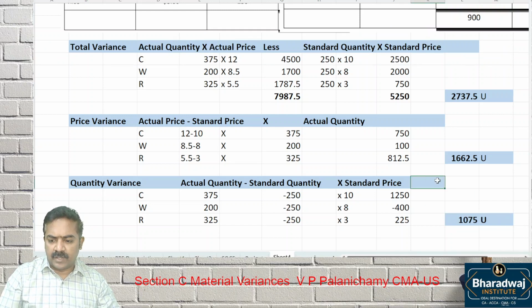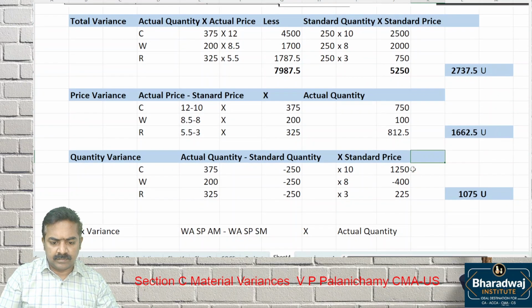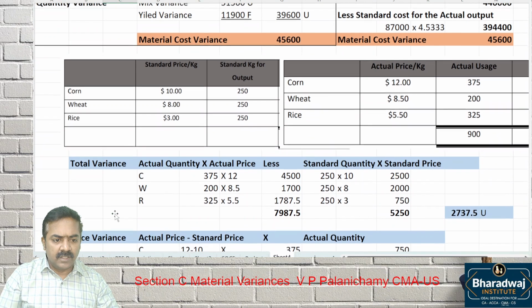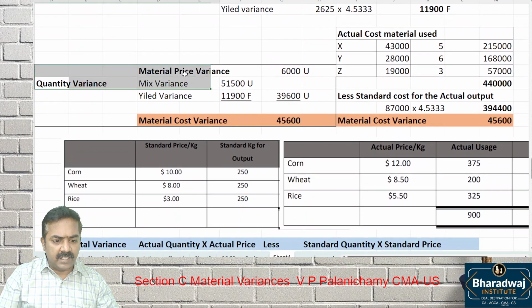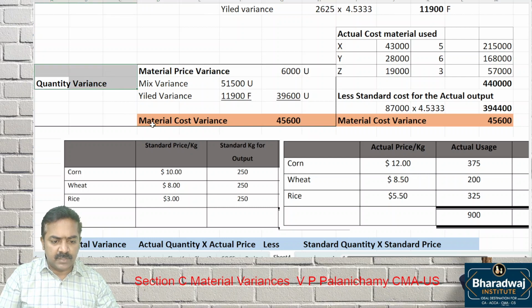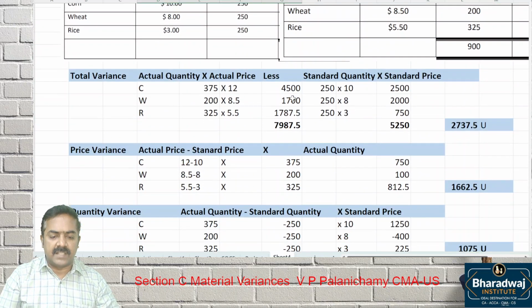You can verify your answer also. We had seen material price variance plus quantity variance will give us cost variance. Price variance plus quantity variance will give us which variance? Cost variance. The quantity variance is divided into material mix and yield variance.